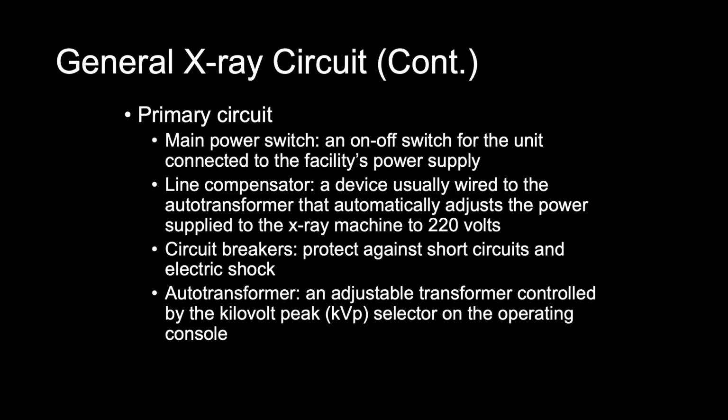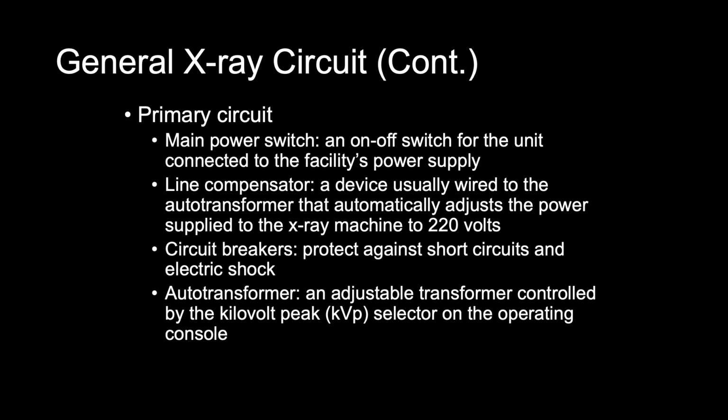Then we have the auto transformer. It's an adjustable transformer controlled by the KVP selector on the operating console. When the radiographer selects the KVP setting, we will control this transformer. This transformer operates on the principle of self-induction.